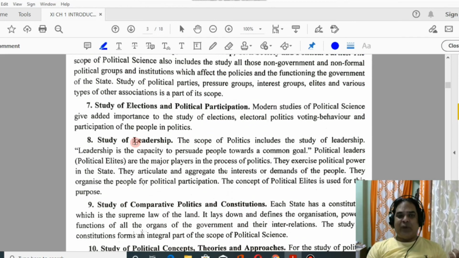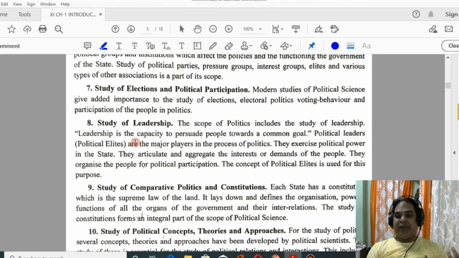Now the next one, study of election and political parties. Once we study what is an election, how is an election conducted, what are the various forms of election, who all are involved, what is the duty of the human political animal, that is human beings, during elections. Modern studies of political science give added importance to the study of election and electoral politics.